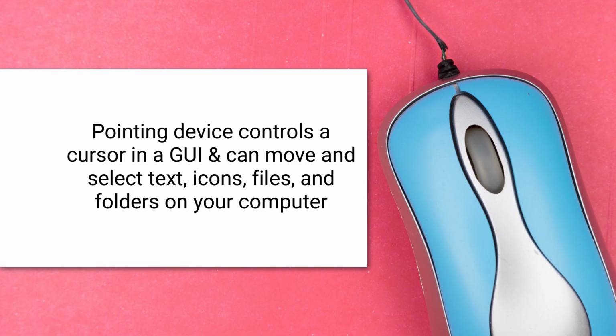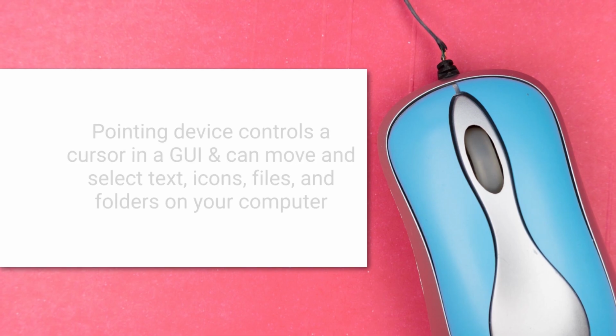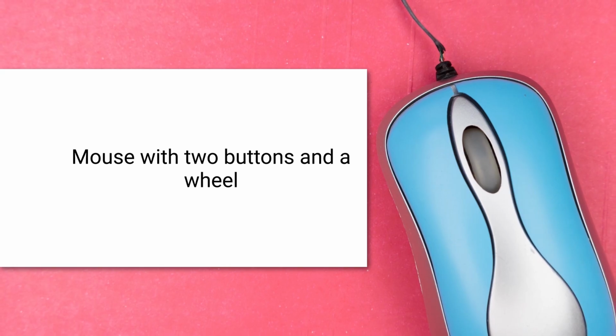Most general observations about the mouse are that we can select text, we can select icons, files, and folders, we can open folders, we can select properties and all those things. Any general mouse could have three such buttons: generally a left button, a right button, and at the center a wheel which is used to scroll up and scroll down.